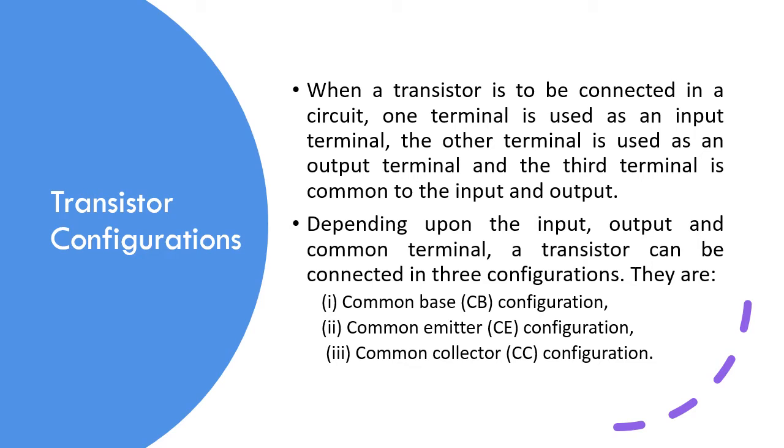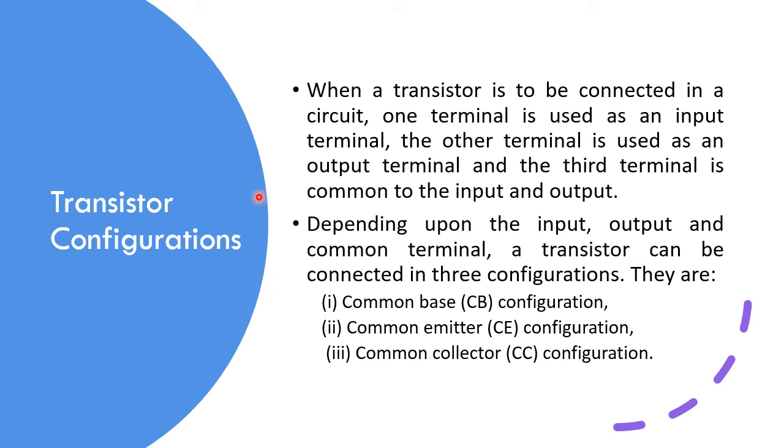And now we move on to the transistor configurations. There are three transistor configurations. When a transistor is connected to a circuit, one terminal is used as the input terminal, one terminal is used as the output terminal, and the third terminal is common to input and output.